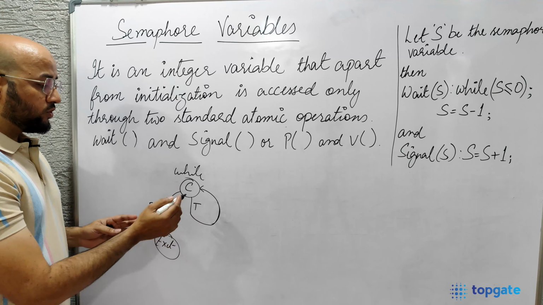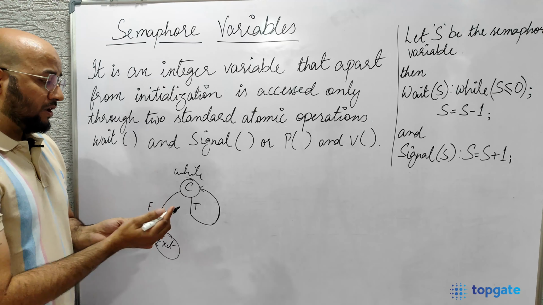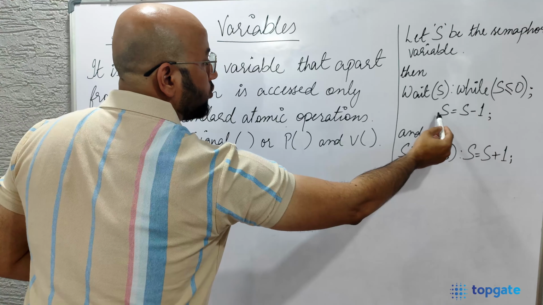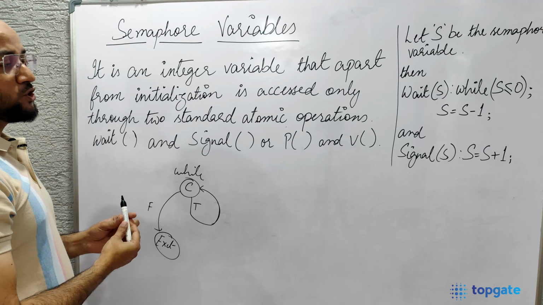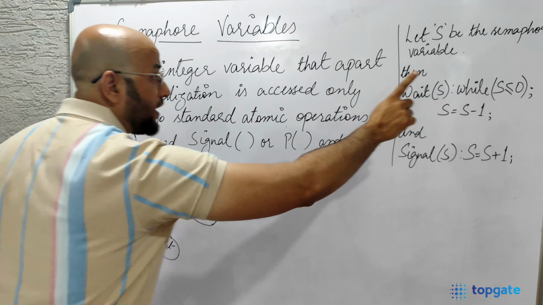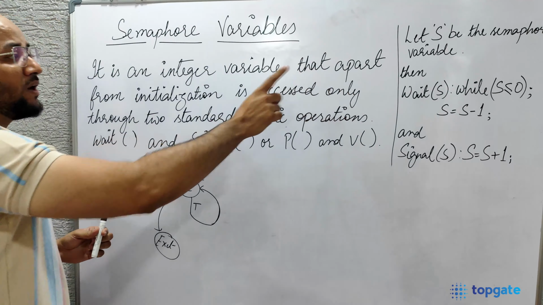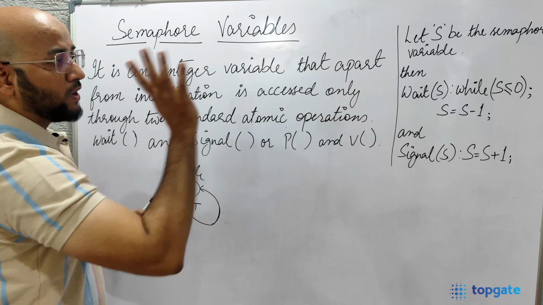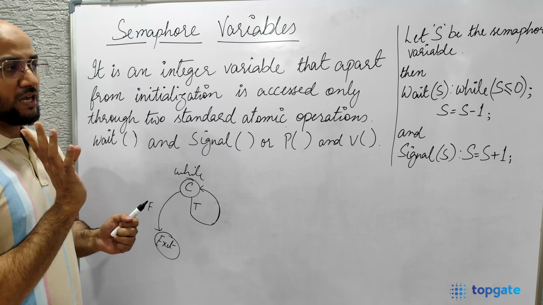This works like a trap, and we will not be able to proceed further. The control will not be able to come to S = S - 1 unless and until it finds the condition of the while loop false. If it is true, it will be stuck there in the while loop, continuing to spin.